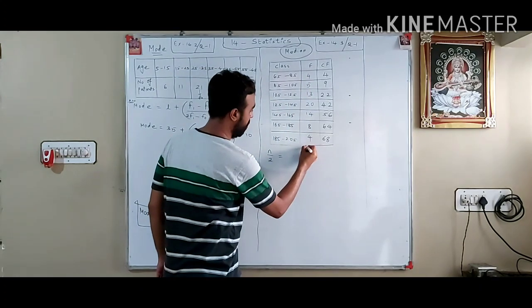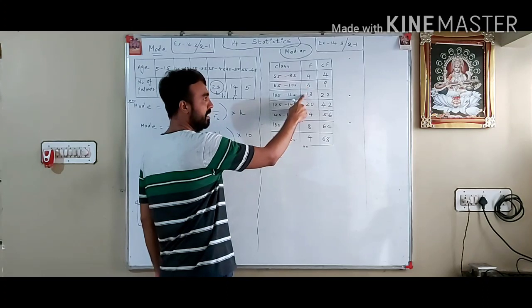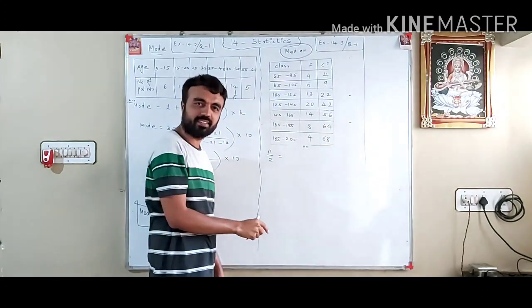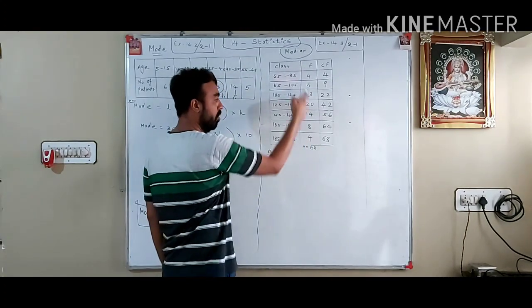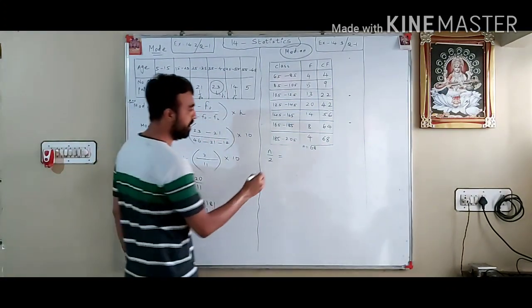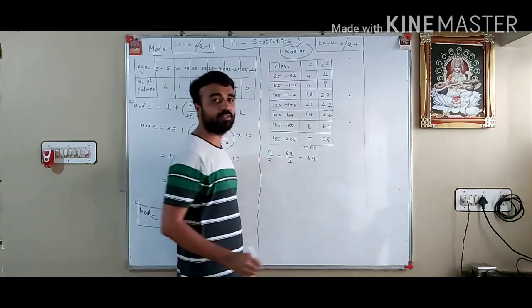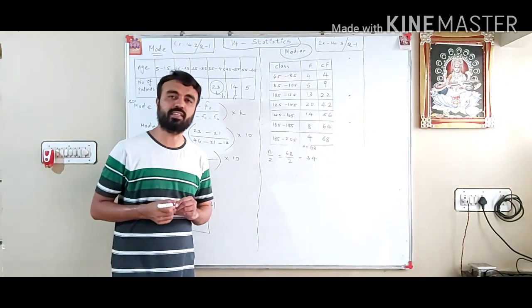So you can write down n here. 4 plus 5 9 plus 13 22 plus 20 42. It will come only this number 68. N is 68. You add these things, you will get this last number obviously. So n is 68. So you need to write down 68 by 2. 68 by 2 is 34.